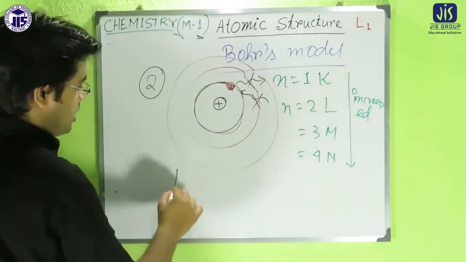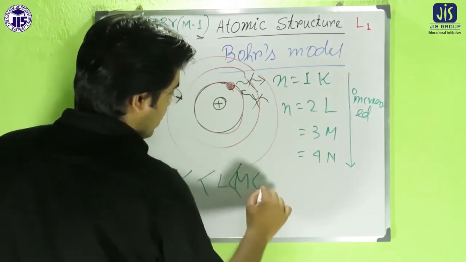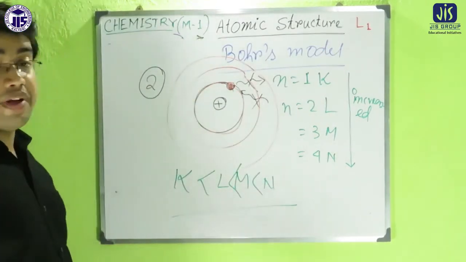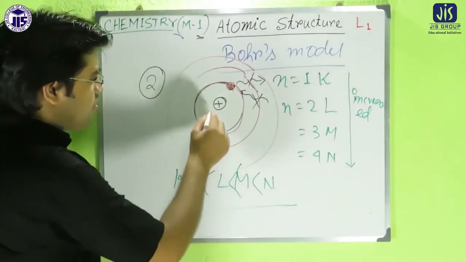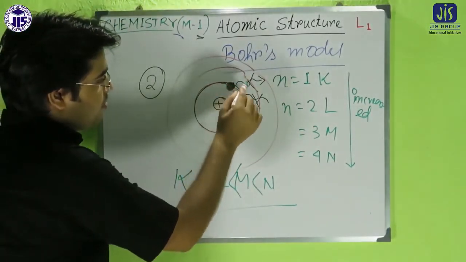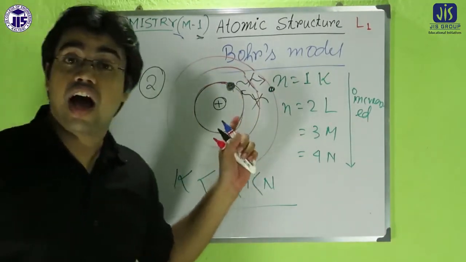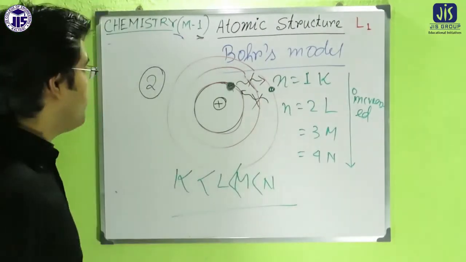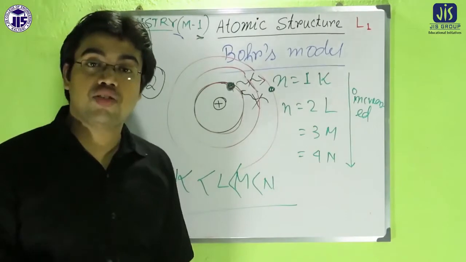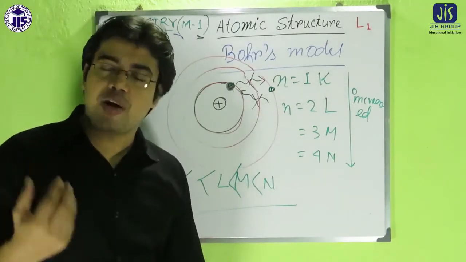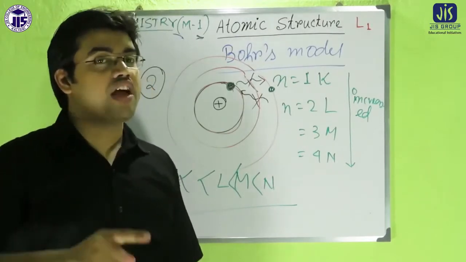So the energy increases from K to L to M to N. Here, with respect to that electron, it has higher energy. So the second postulate explained that when an electron revolves in a particular orbit, it neither emits nor absorbs energy.